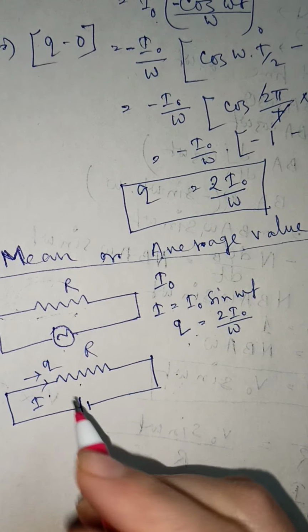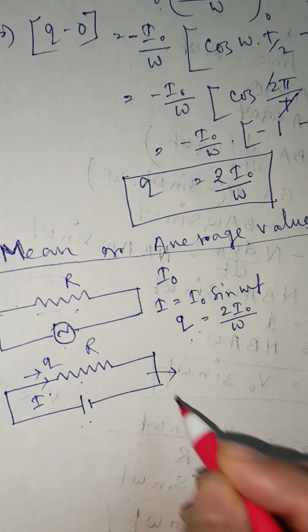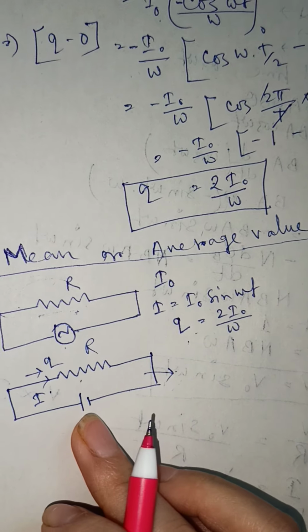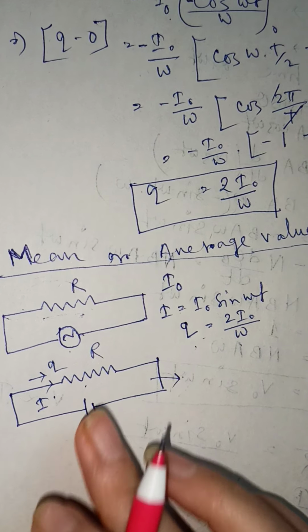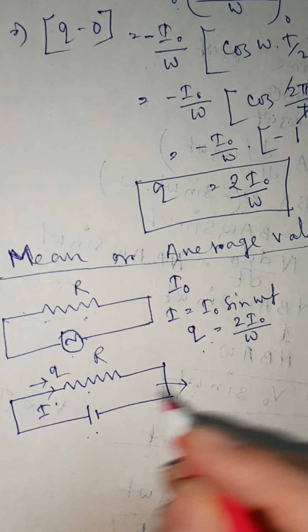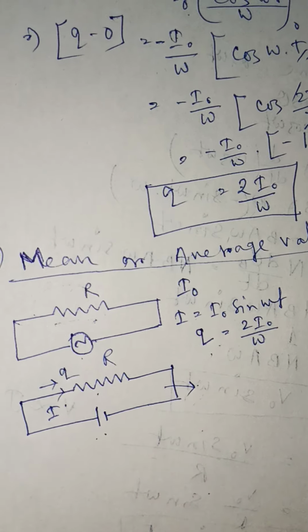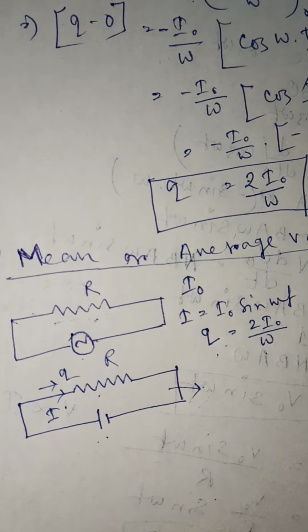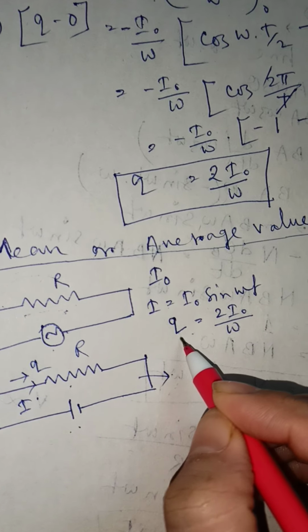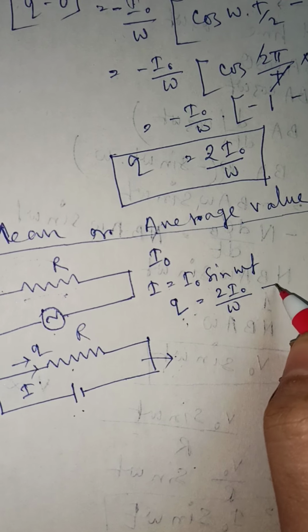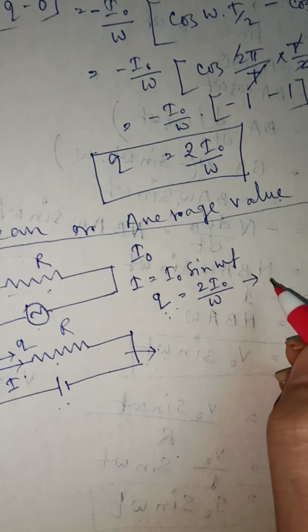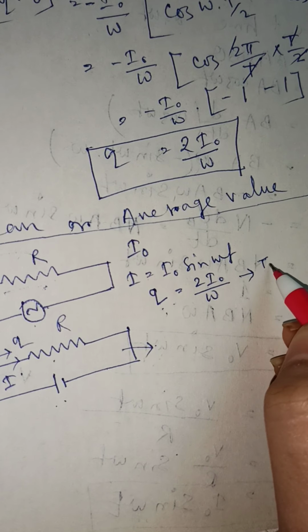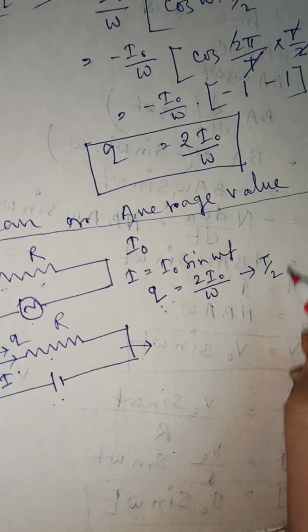Suppose this DC source flows exactly the same charge within T by 2 time, because this amount of charge passes through our AC source within half cycle, that means within T by 2 time.